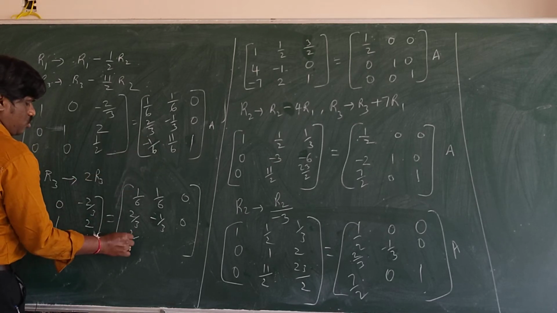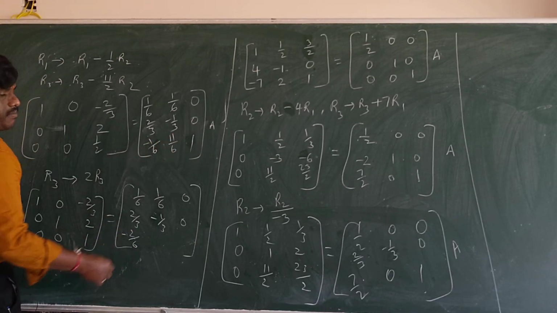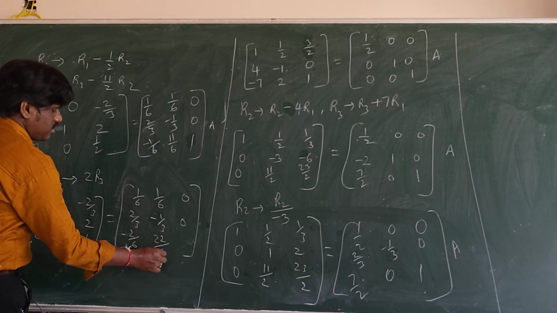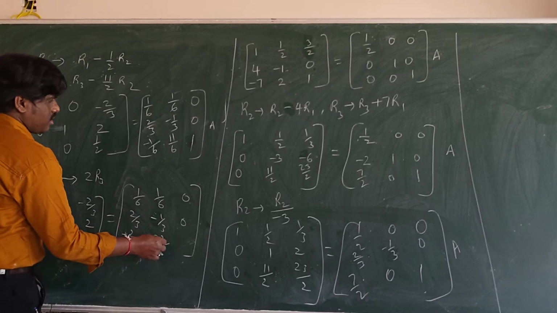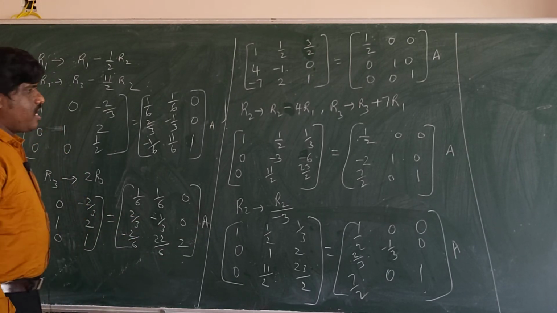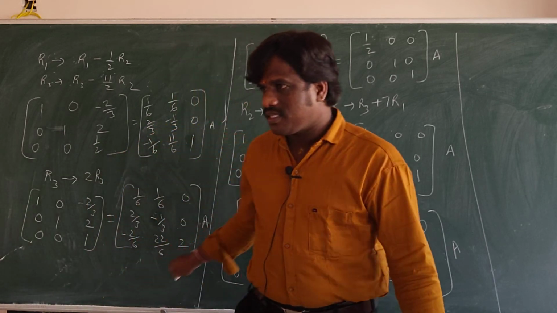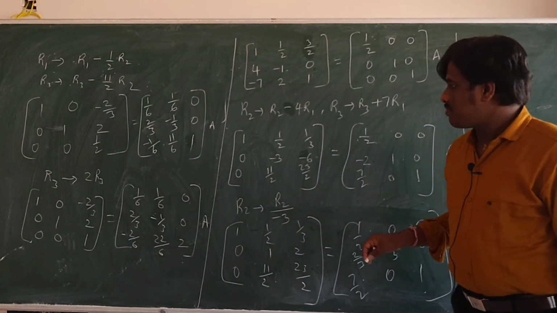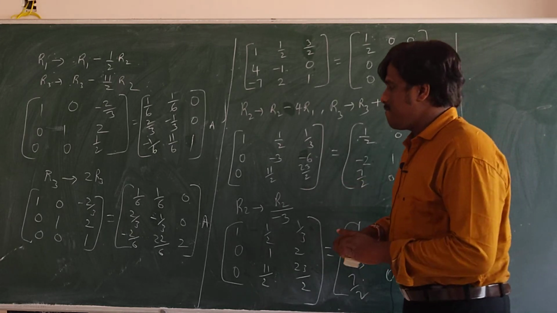So minus 2 by 6, right? 22 by 6, right? 2 into A. Okay, this is copied. This side copied. This side you have copied? Okay, we'll finish then.